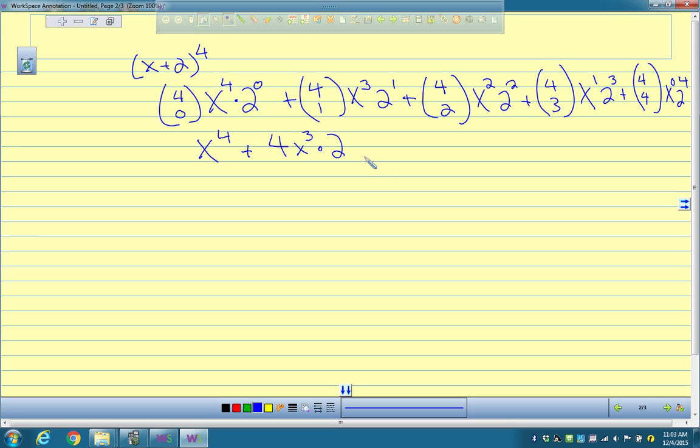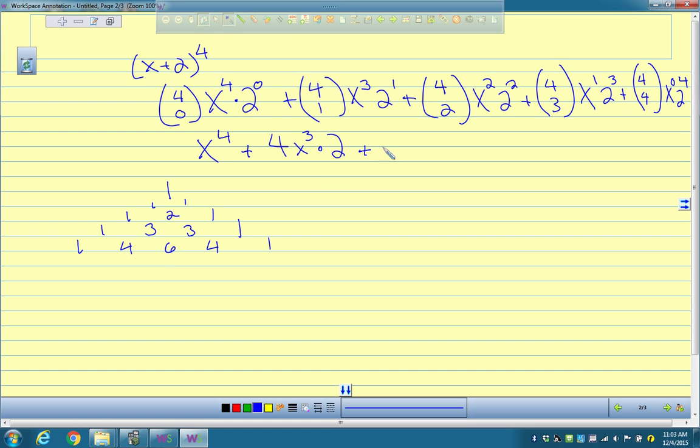We'll worry about multiplying it out. This becomes 4 combination 2. These can also be found in the 4th row of Pascal's triangle: 1, 3, 3, 1, 1, 4, 6, 4, 1. So the coefficient is 4.